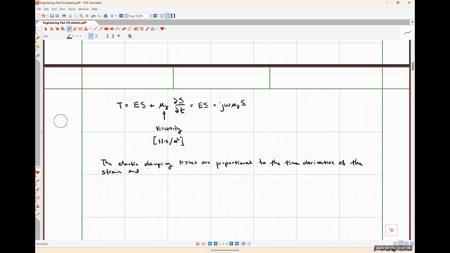And the damping experienced increases with vibrational frequency.